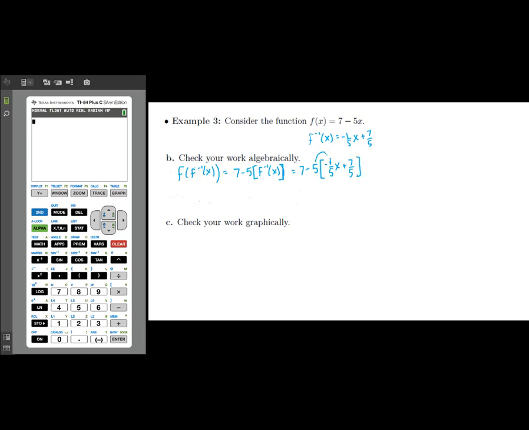But of course, as I distribute my negative 5 through to both of these terms, in that first term I get positive 1x, negative 5 times negative 1/5. And then in this term I get minus 7, which of course simplifies down to just x. And similarly, if I compose them the other way, f inverse tells me to take negative 1/5 times my input, but my input is f of x, and then add 7/5.